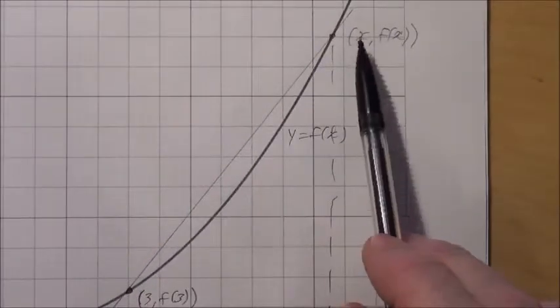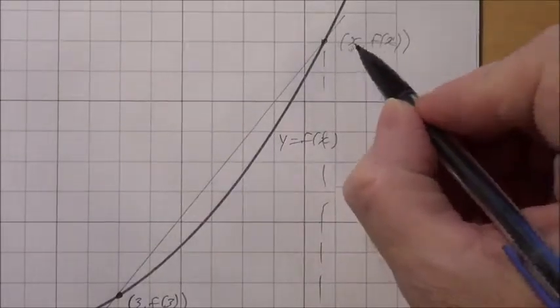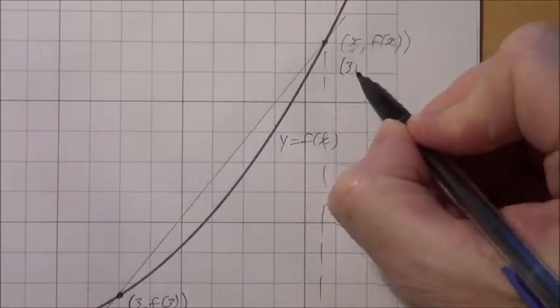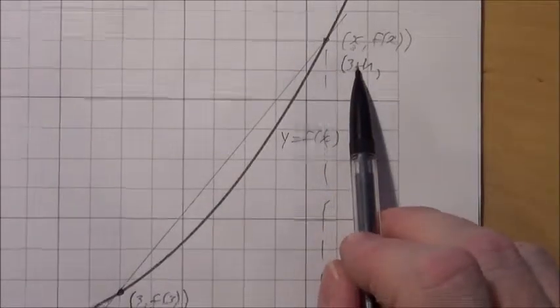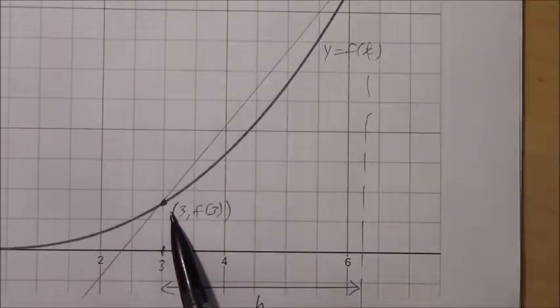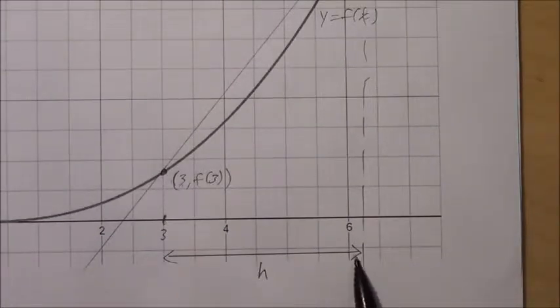So now I can redefine this: instead of just x, I'm going to say this is now 3 plus h, because it's the x value of 3 plus this horizontal distance h.